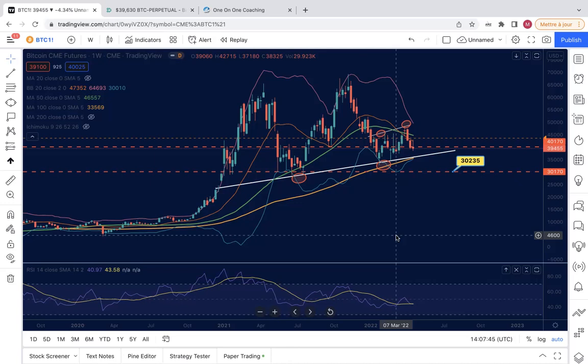Well, this is the weekly chart, and we will just take a quick look at what we can predict as a scenario, logically, according to the technical analysis basics. If you just have a look here on the weekly, it is a clear double top.